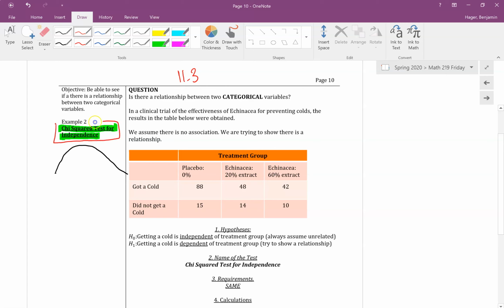We could use it to test for independence between two categorical variables. So it looks to see if things are associated. When we talk about independence, what that means is that the two things are not related. No association or no connection.